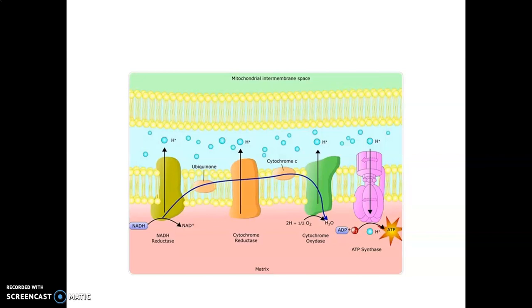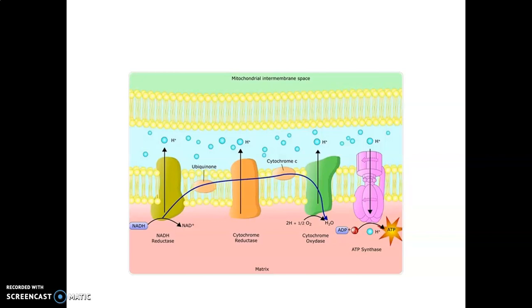Okay, children, you just listen. When the electrons pass from one carrier to another, that is from complex 1 to 4 in the electron transport chain, they are coupled to ATP synthase for the production of ATP from ADP and inorganic phosphate. The number of ATP molecules synthesized depends on the nature of the electron donor.